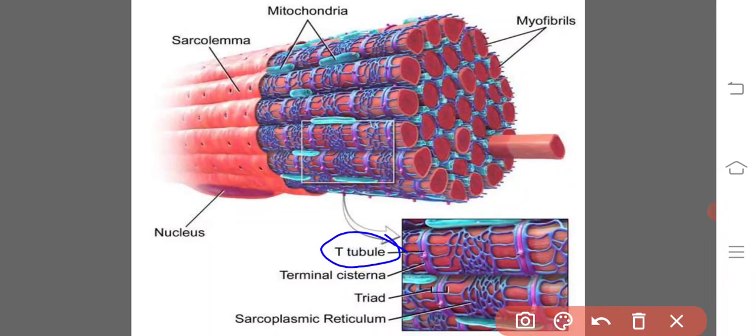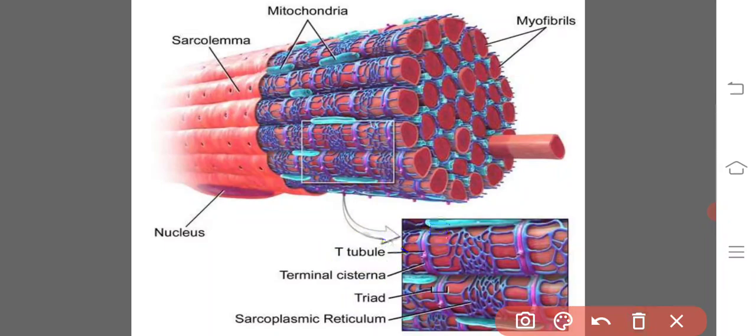T-tubules are transverse tubules made by the invagination of the sarcolemma, that is a tunnel-like structure formed from the surface of the muscle into the center of the muscle fiber.